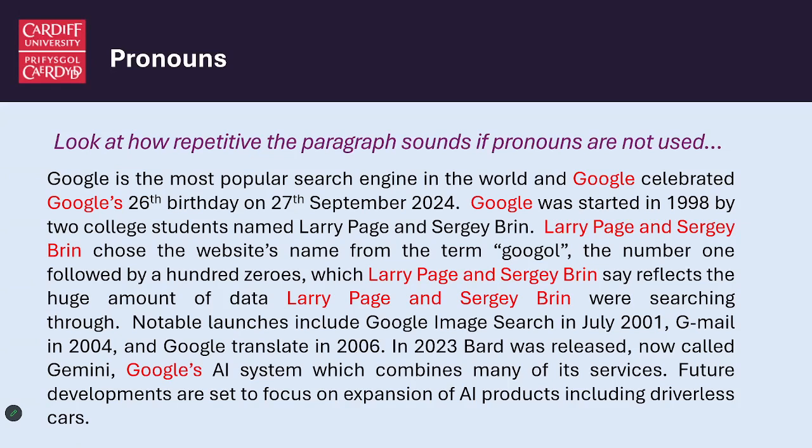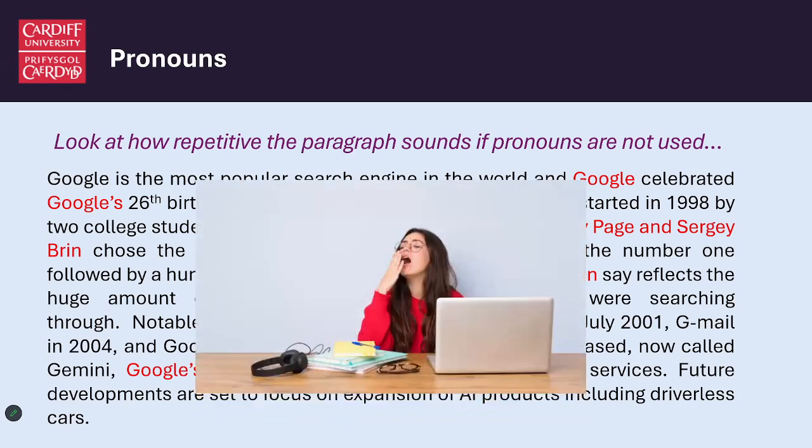It is, exactly, yes. Now, have a look at this. Look at how repetitive it sounds when pronouns are not used. It starts to really sound incredibly dull and boring.